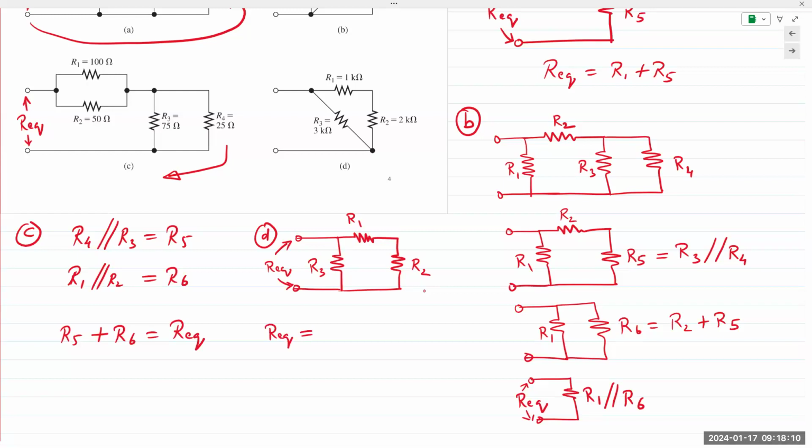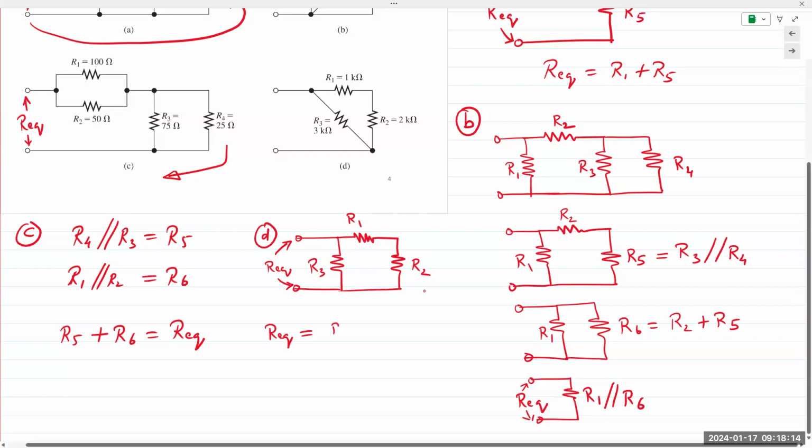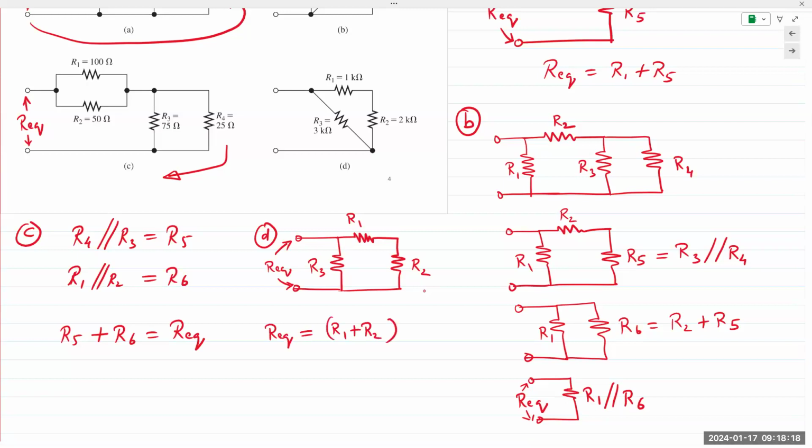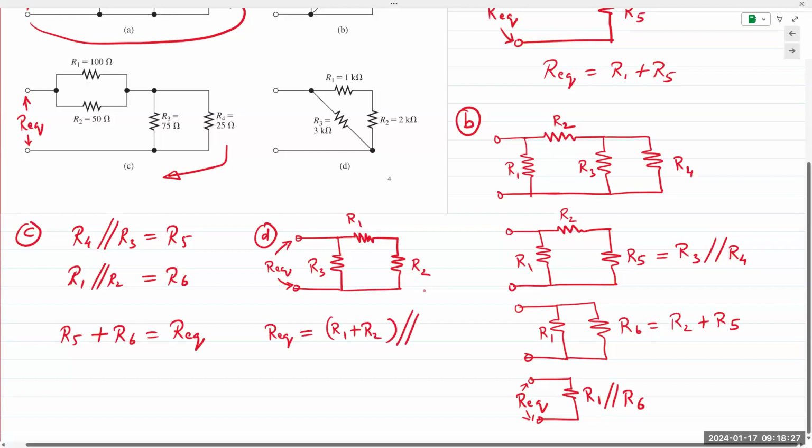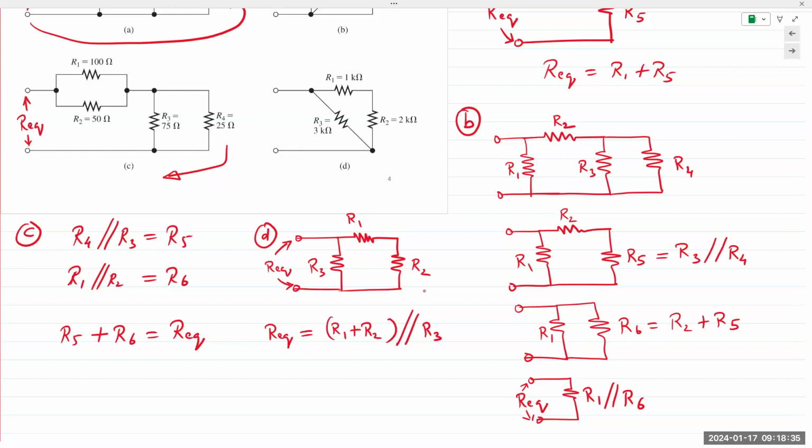R2 and R1 are in series, so R1 plus R2. And that series combination is in parallel with R3. And that's it. All right, think over it. Let me know if you have any questions.